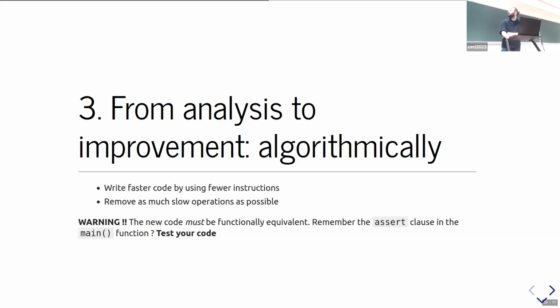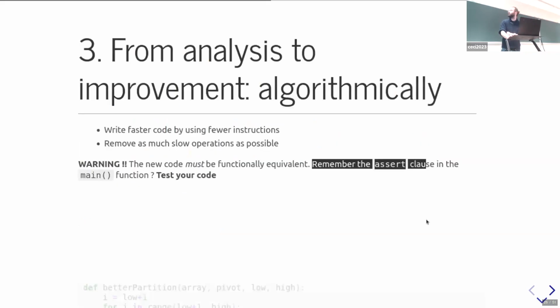Not always, but most of the time. So remove all the slowest operations you can find. The comparison of j and i, typically I want to remove that. And as said before, be sure that whatever you do, it still sorts your array, otherwise you will have an issue.